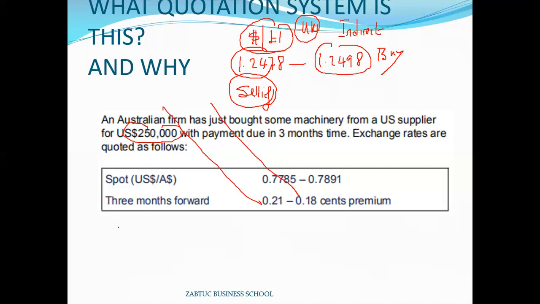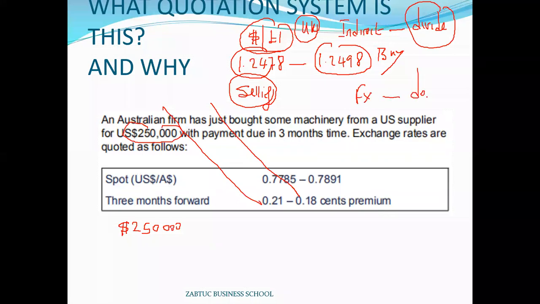So when the bank is buying $250,000 from one customer, how much are they going to give him? In an indirect quotation system, we always divide. When you are moving from the foreign currency to domestic, in this system, we always divide.